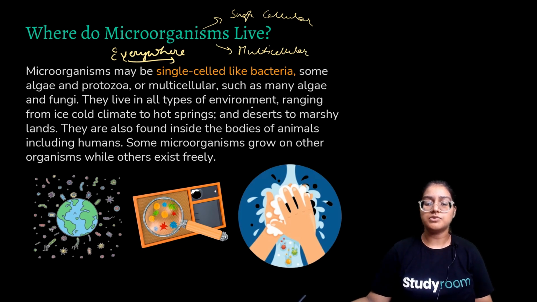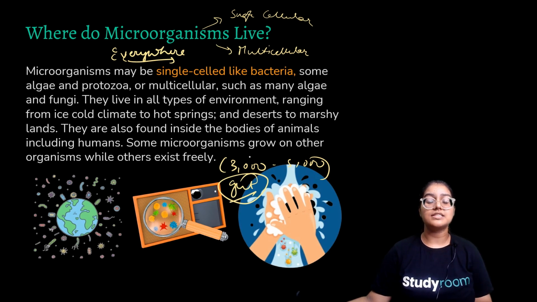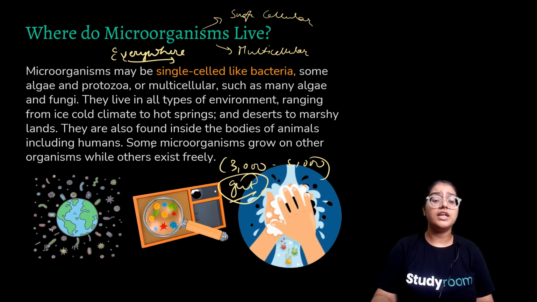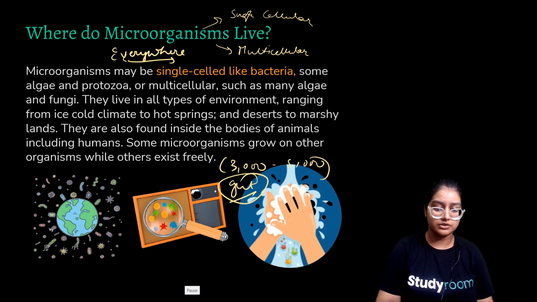They live in all types of environment, from ice cold environment to hot springs, in deserts, marshy lands. They're everywhere inside our bodies. You'll not believe, even in our intestine, 3,000 to 5,000 good microorganisms live in our gut, in the human gut. Some microorganisms grow on other microorganisms as well, and they live freely. So microorganisms are everywhere, to answer this question.